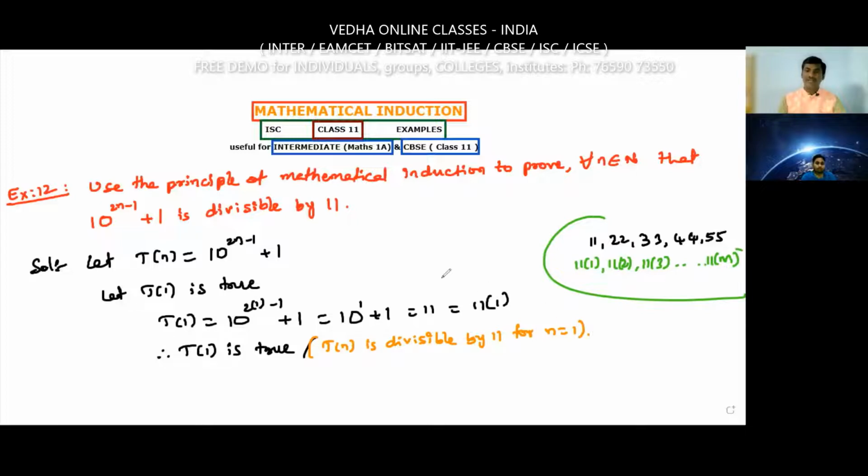For n = 1, it is divisible by 11. So step 1 is completed.